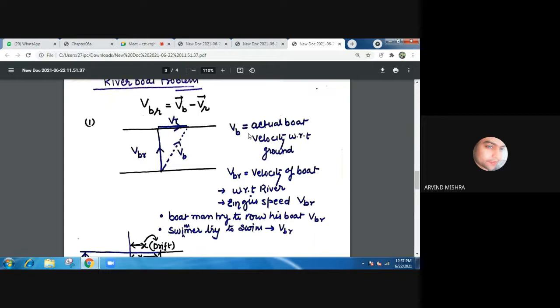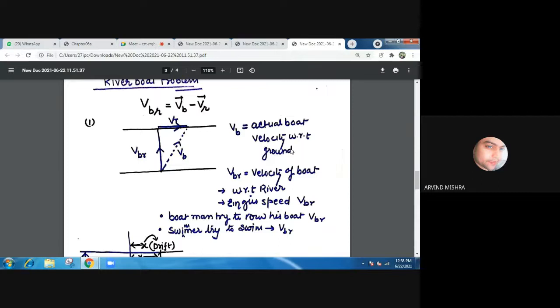Here VB is the actual boat velocity with respect to the ground. Once you are standing on the ground, you will see the boat's velocity. This is the actual velocity, because the river's velocity will take the boat away, or if we are looking to go straight across, we will start swimming leftward at a certain angle.